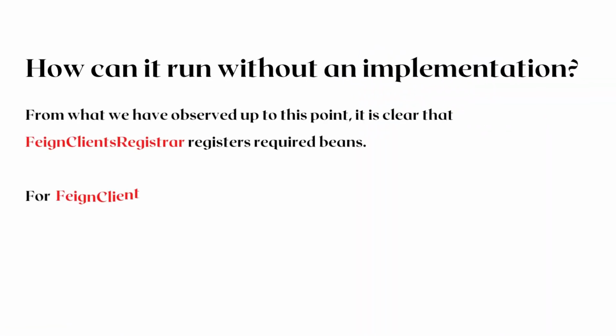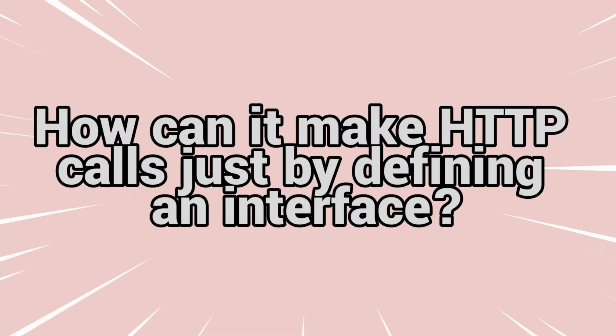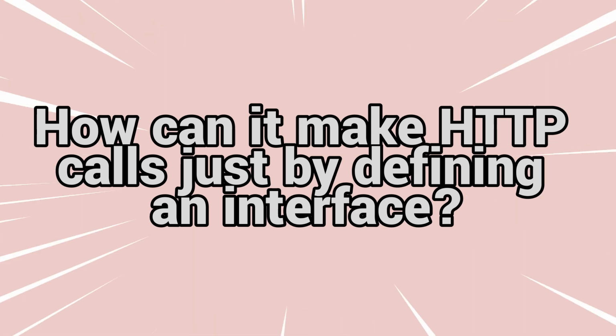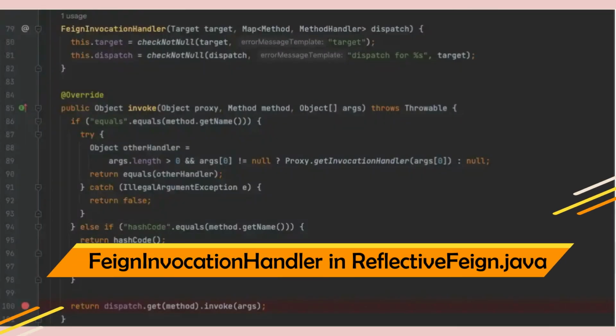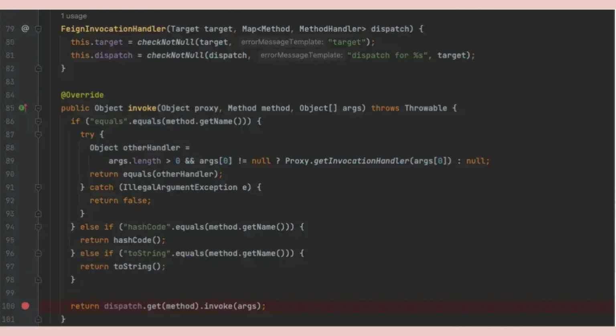The second question is how can it run without an implementation? From what we have observed up here, it is clear that the Feign client registrar registers the required bean. For the Feign client registrar to be imported, the application needs to declare the @EnableFeignClients annotation. Then how can it make an HTTP call just by defining an interface? From this point on, the breakpoint takes place after client.fetchProduct.